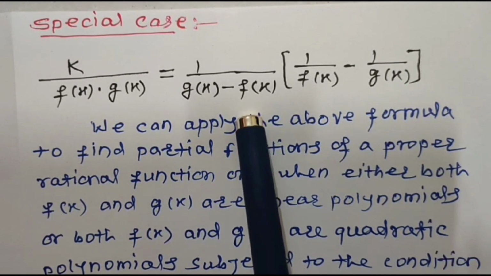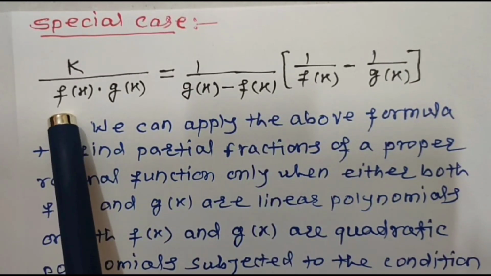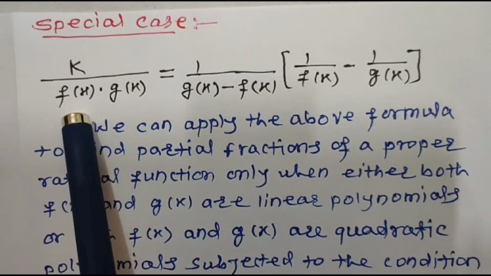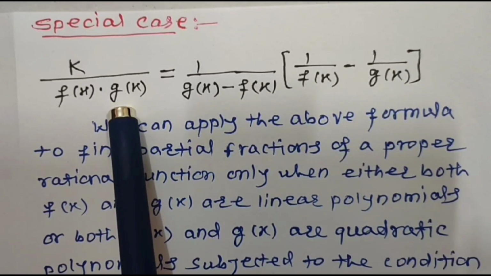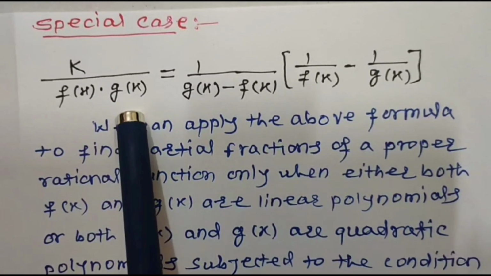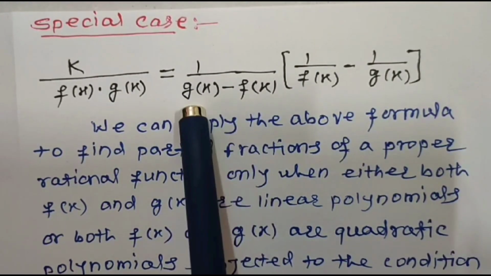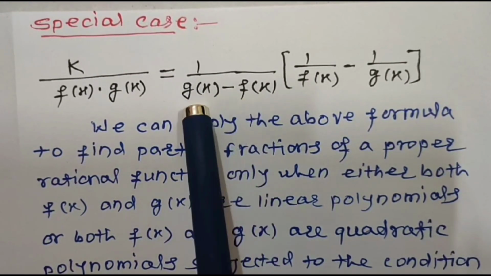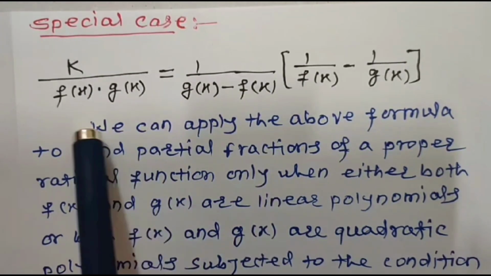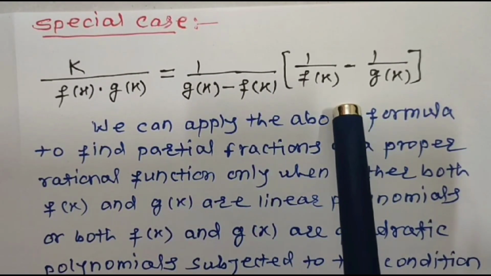But what is important here is that the denominators f of x and g of x must both be linear factors only, or both must be quadratic factors only, and g of x minus f of x must be equal to some constant, not a variable. Then you can apply this formula to find partial fractions.